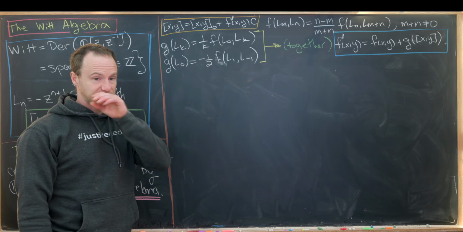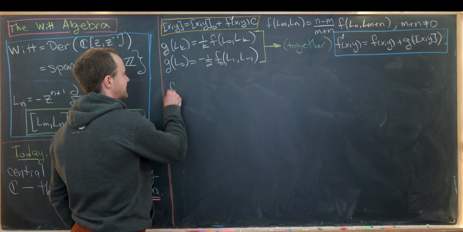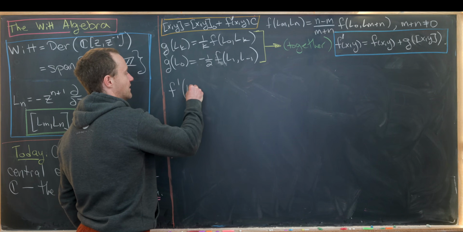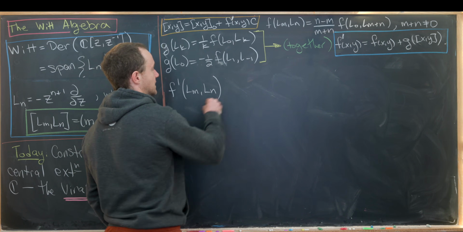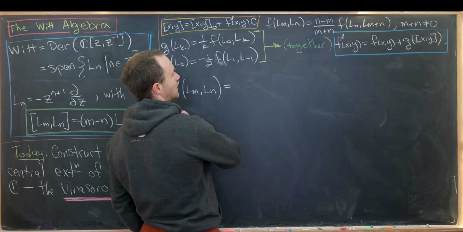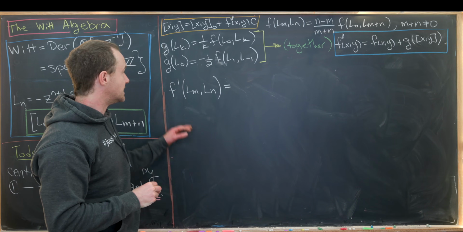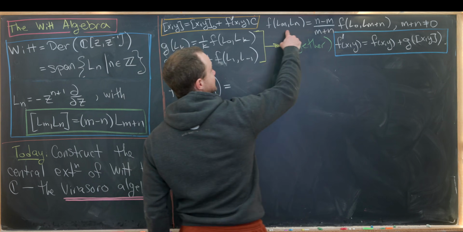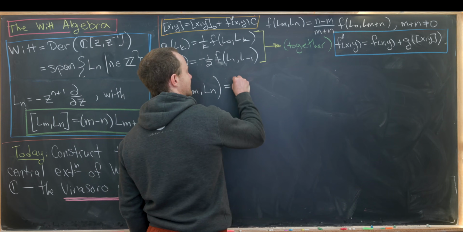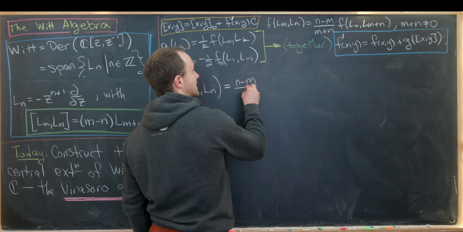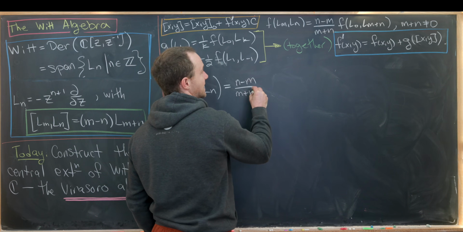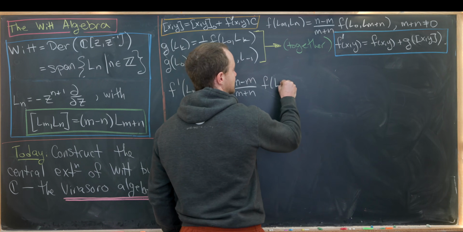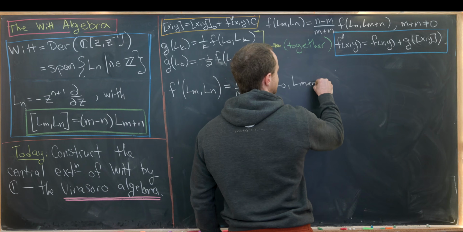Okay, nice. So now let's get to it. Let's define f prime of Lm, Ln. So first of all, we know that that is going to be f of Lm, Ln, which is this thing up here, so we can write it using that version. So (n minus m) over (m plus n), f of L0, Lm plus n.